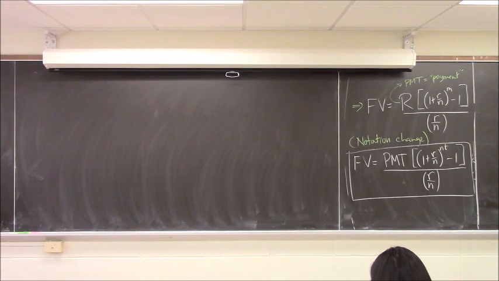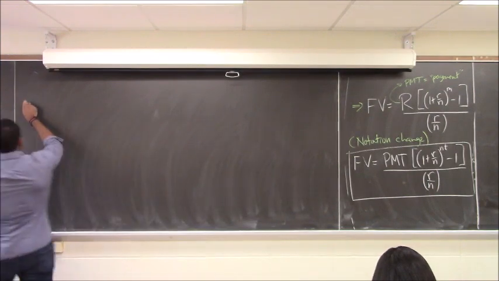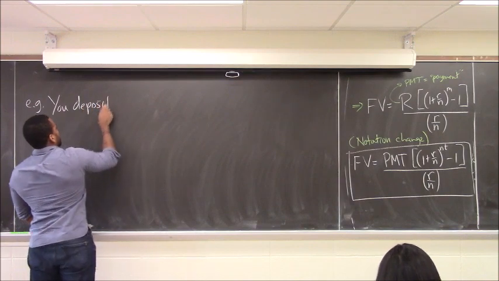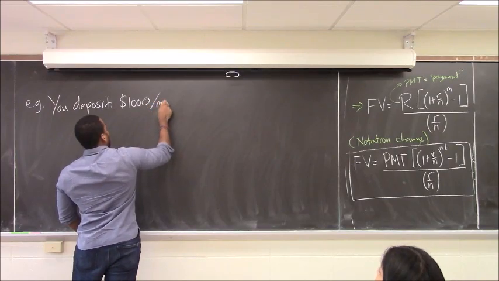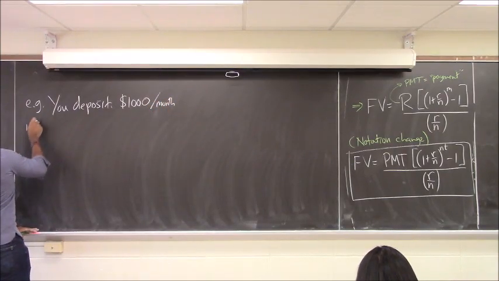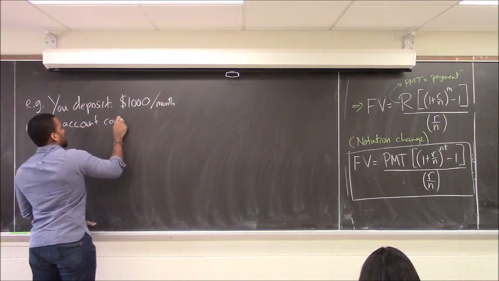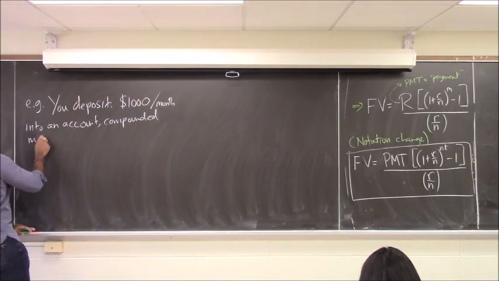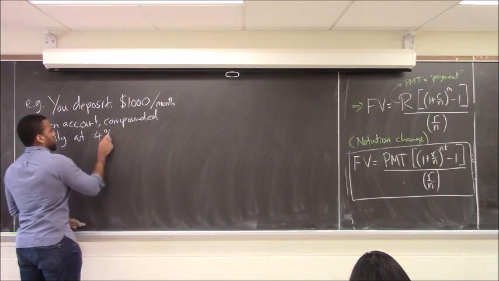That's it. So let's actually do an example so you can see how it's going to pan out. You deposit $1,000 per month into an account, compounded monthly, at, let's say, 4% APR.